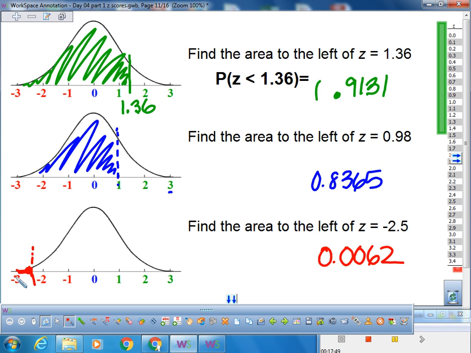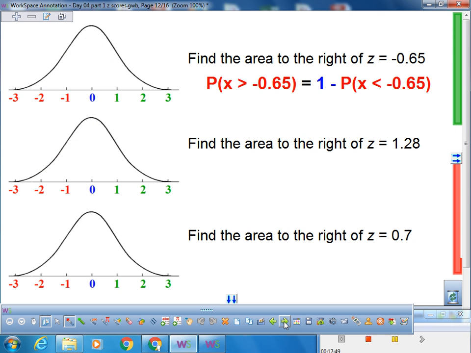But we're talking even further over. The whole area in that space is 0.15, but if you're over at negative 2.5 on the z scale, it's even less than 0.15. You're absolutely correct. That's why we have z-scores, because they're more accurate than that normal curve. But they're totally related.